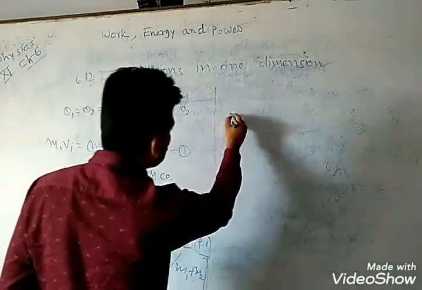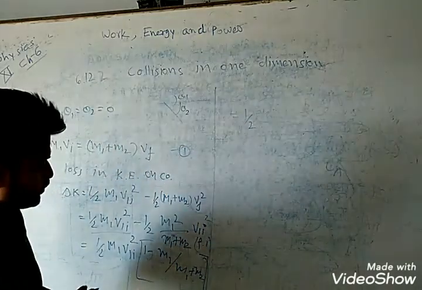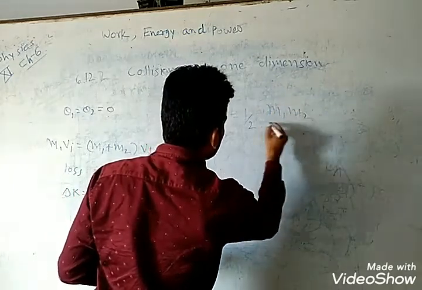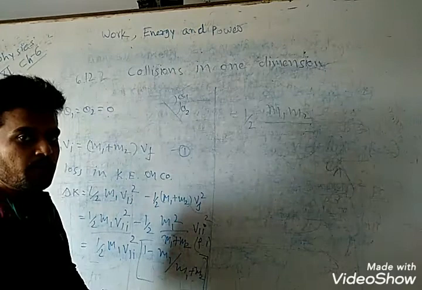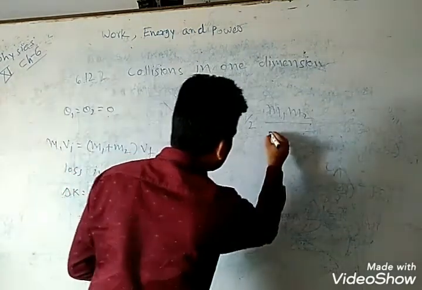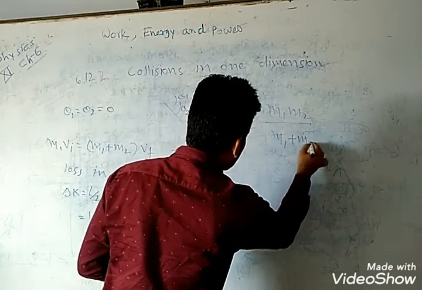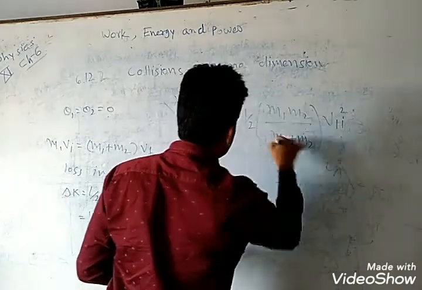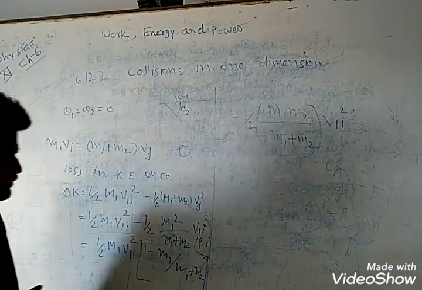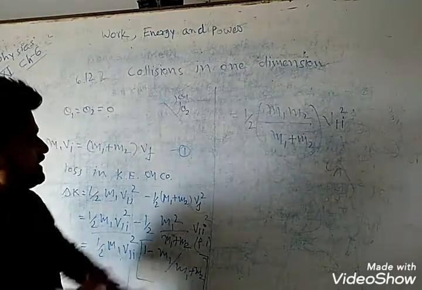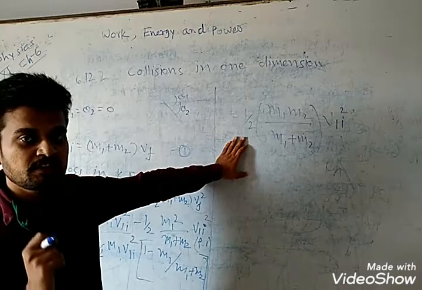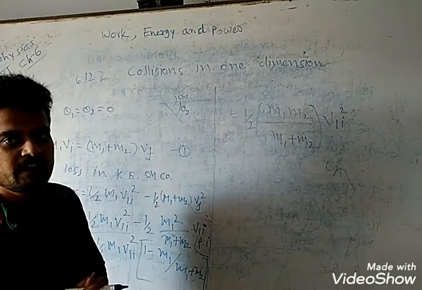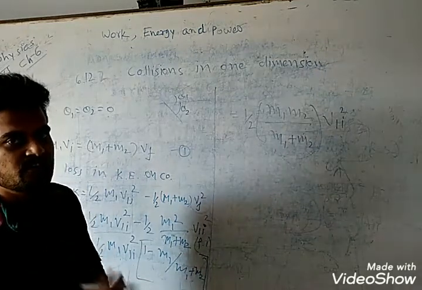So the final result is 1 by 2 m1 m2 upon m1 plus m2 into v1i square, which is a positive quantity. This is only one dimensional, for the completely inelastic collision.